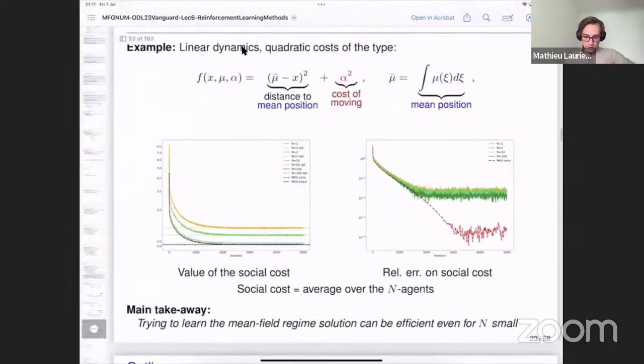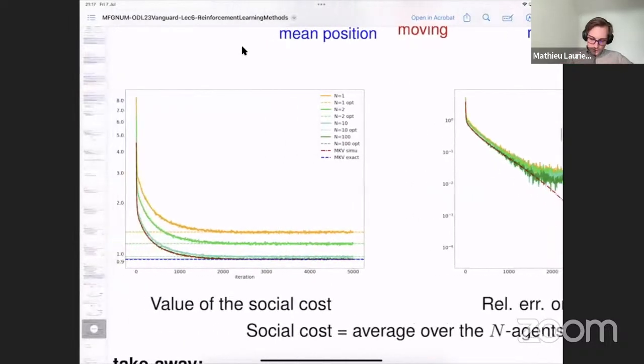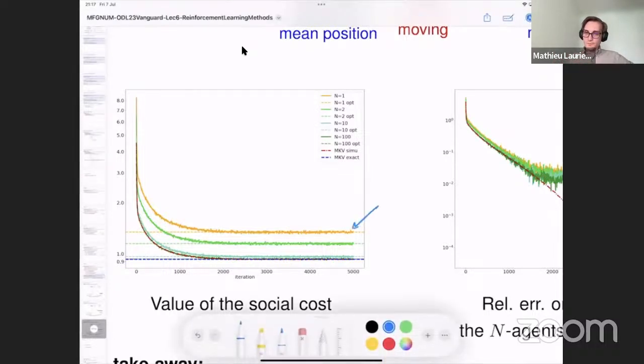By the way, this answers maybe one of the questions of Abdu. What we do in this plot, maybe I should explain that. You see that for 1 agent, what I've shown before is that 1 agent does not manage to learn the mean field control, the control that is optimal in the mean field regime. But if you take the control learned by this agent and you plug it in the single agent control, then it actually matches the optimal one.